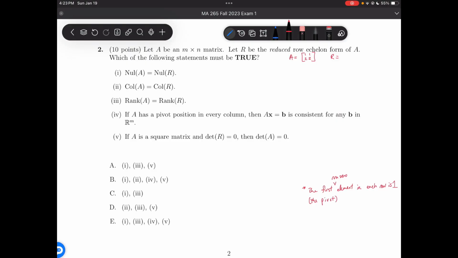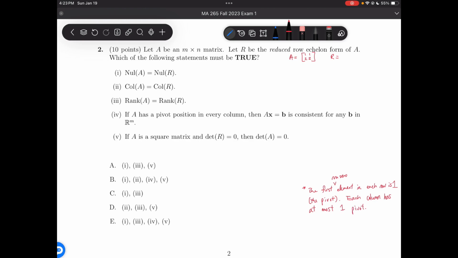The second rule is that each column has at most one pivot. So that's just what they mean by reduced row echelon form.